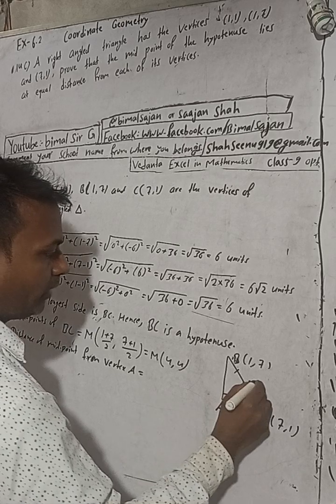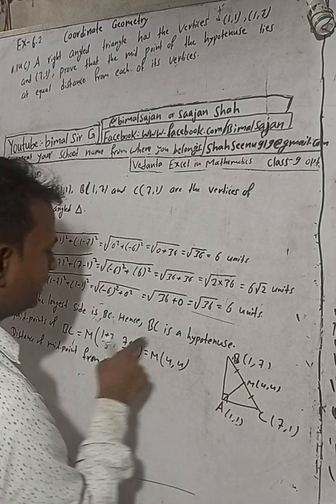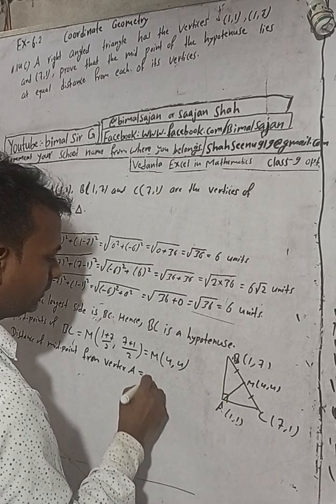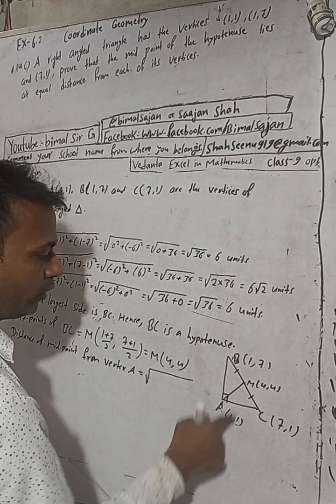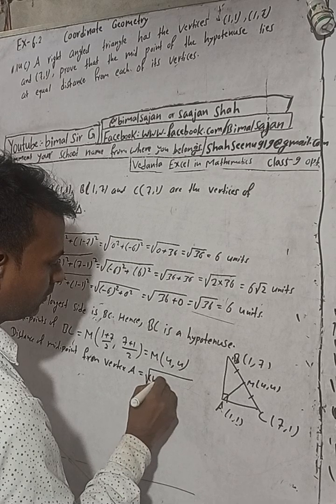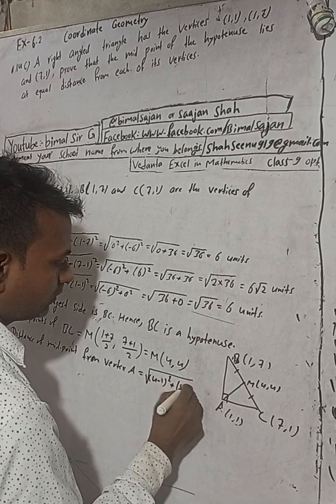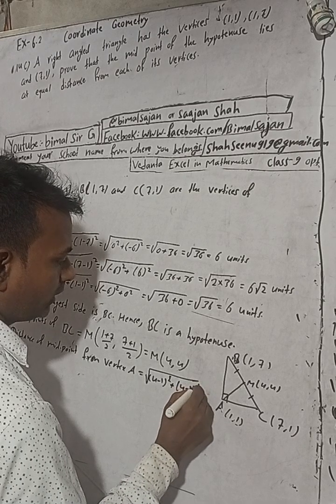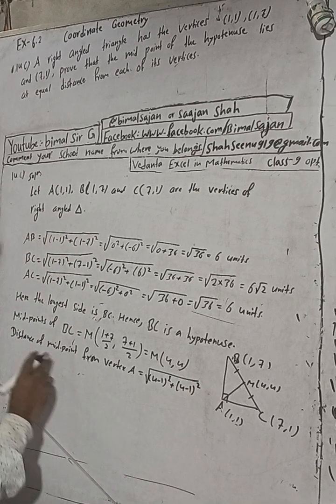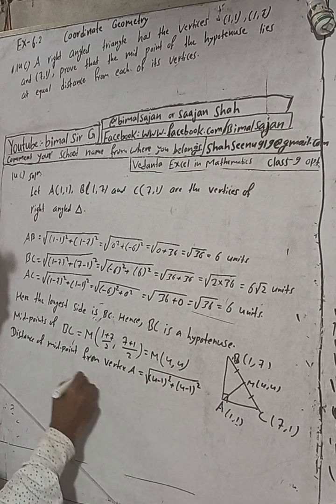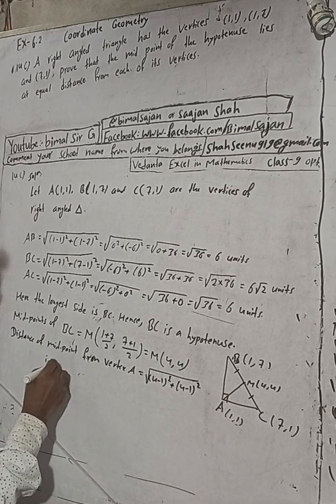We have M (4, 4). The distance between them is root under (4 minus 1) whole square plus (4 minus 1) whole square. So the distance of the midpoint from vertex A is AM.